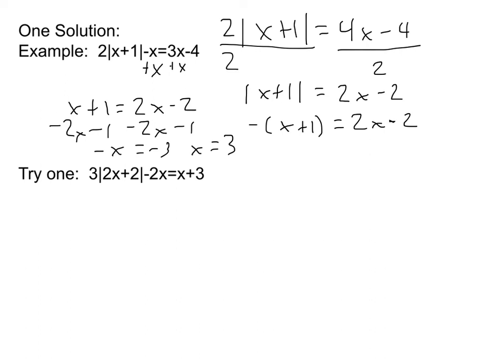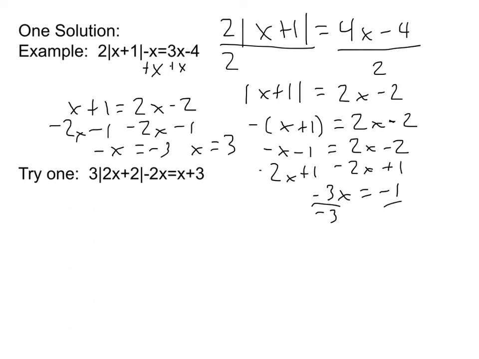So you'd distribute the negative, this is a negative x minus 1 equals 2x minus 2, and then move your 2x's over, move your 1 over, so we'd have negative 3x equals negative 1, divide by negative 3, x equals 1/3.